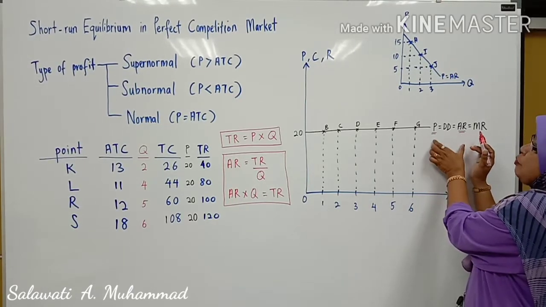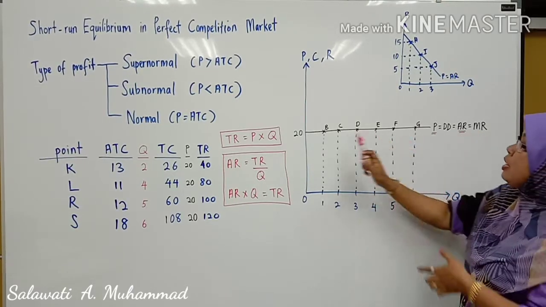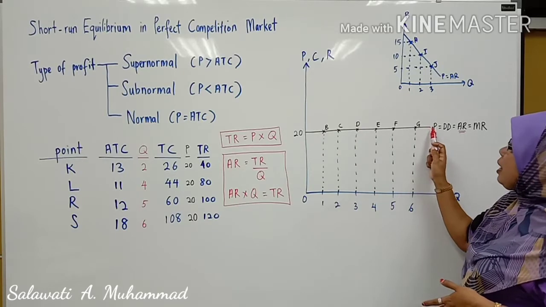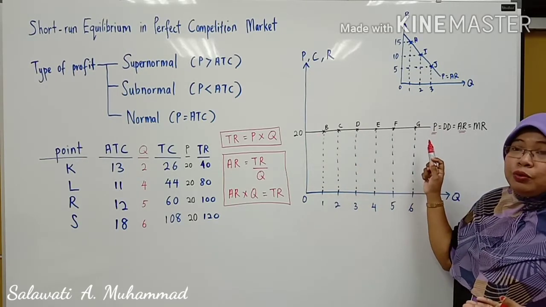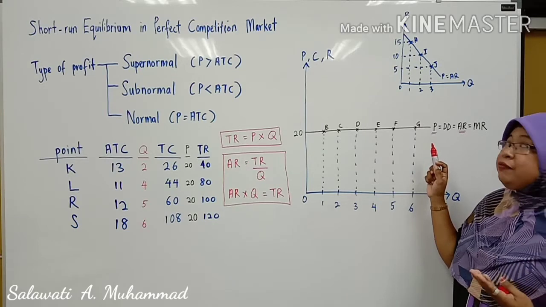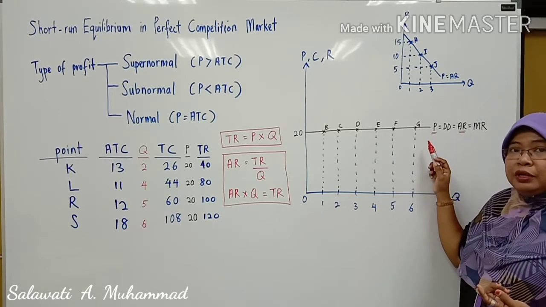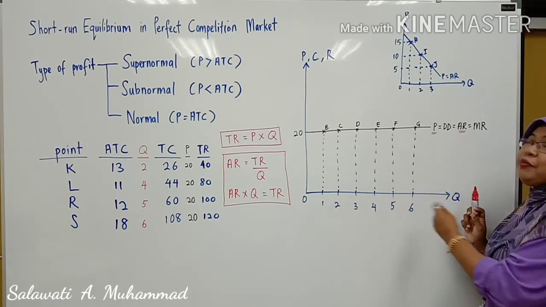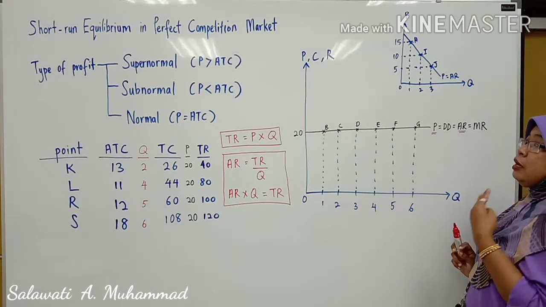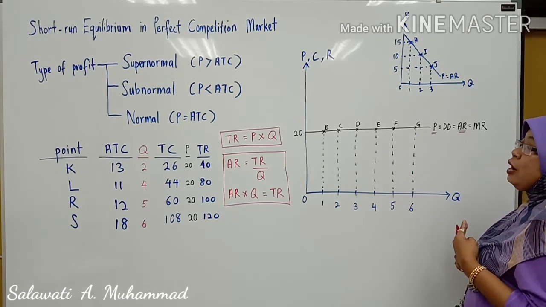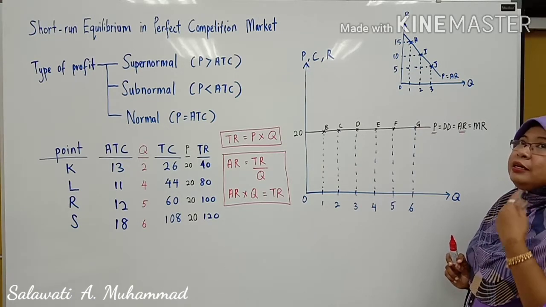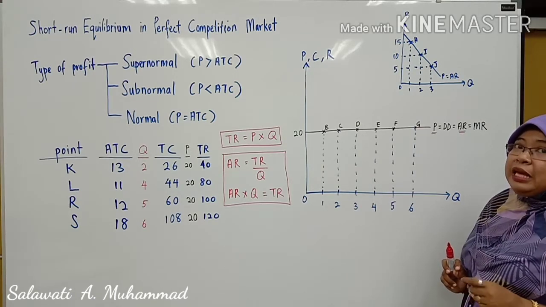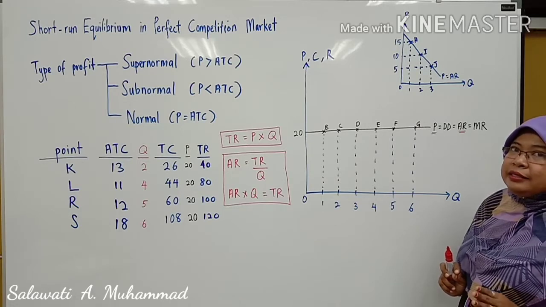This is in a perfect competition market, meaning this line shows a curve for price, and this line also represents a curve for average revenue. This is in perfect competition, because in perfect competition the firm is a price taker.